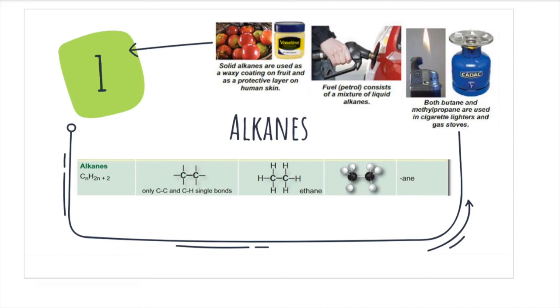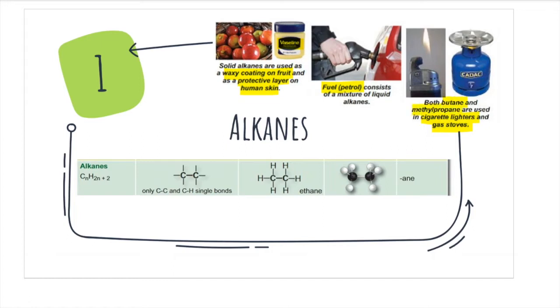Some of the uses of alkanes is that they can be used to form a waxy coating on fruits or to form a protective layer on human skin, such as the alkanes that we find in Vaseline. The alkanes can be found in fuels like petrol, and they can also be found in devices like cigarettes and gas stoves, where the fuel that they contain and that we burn in order to supply heat are alkanes like butane and methylpropane.